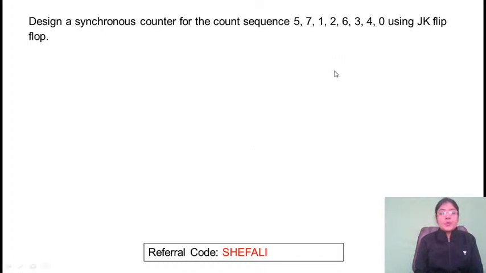How many flip-flops will be there in the counter? बच्चे कितने flip-flops use होंगे to get the sequence? In this count sequence, what is the maximum?